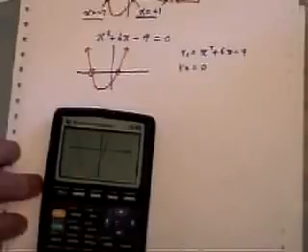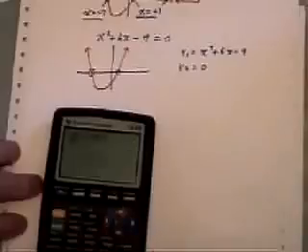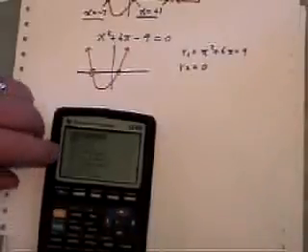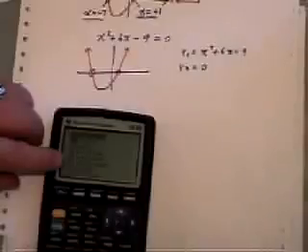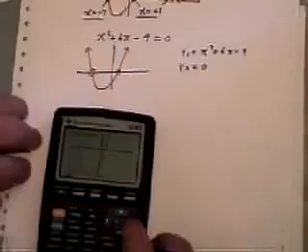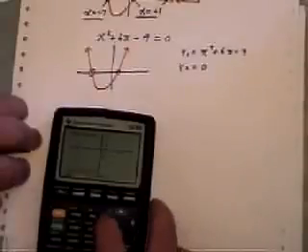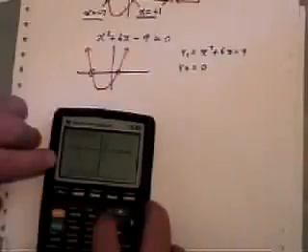What you're going to do is press second and calc. Second calc, and you're going to choose from here the fifth option, which says intersect. Now I'm going to move my little cursor. I'm going to hit this left arrow here and move my little cursor around.